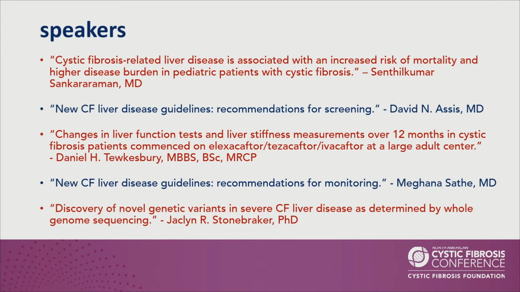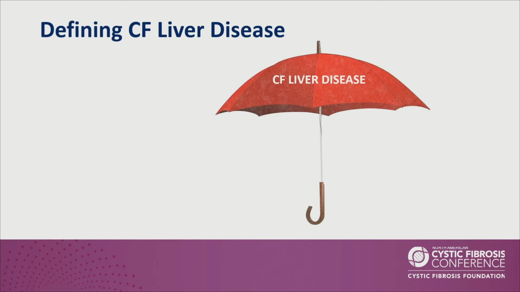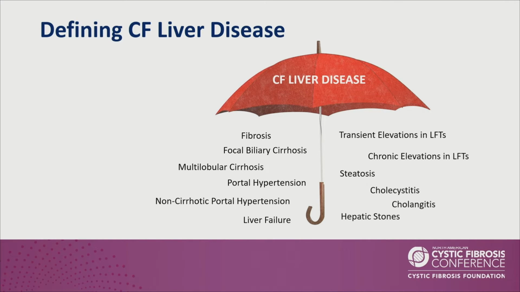I just briefly wanted to talk about defining CF liver disease, and I want you to keep this in your mind as we go through these talks. I think oftentimes we use the term CF liver disease as what I call an umbrella term, and that's because we may be referring to any one of these many things that can occur within the liver.